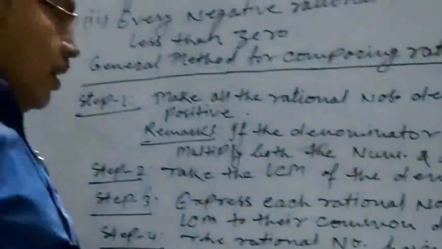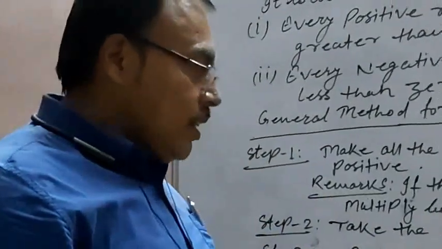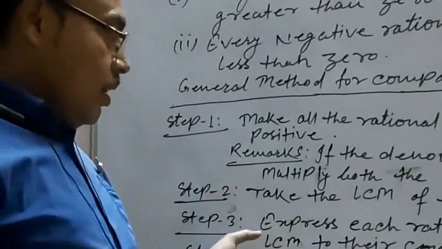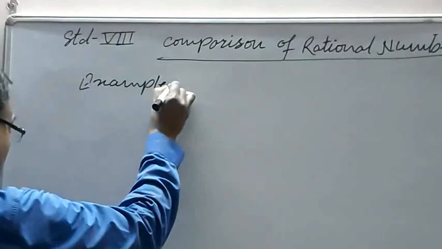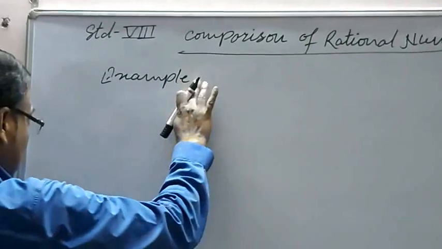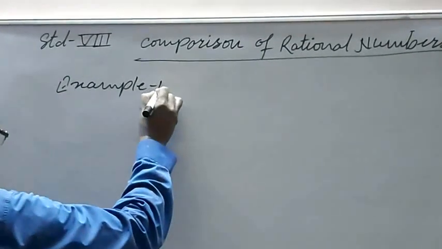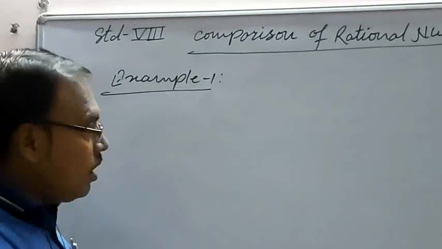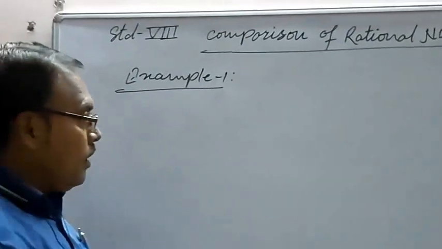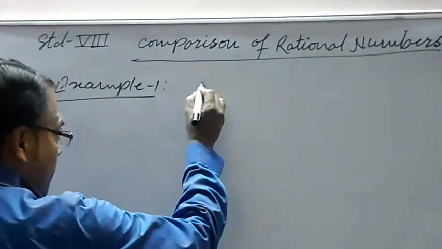It means the rational number whose numerator is greater will be the greater rational number. We learn through it by example.